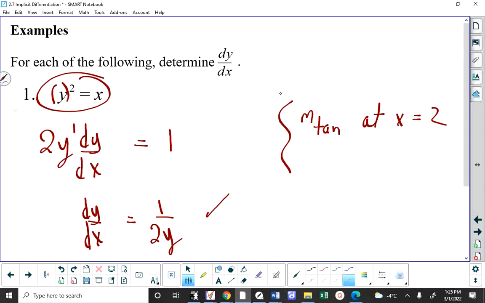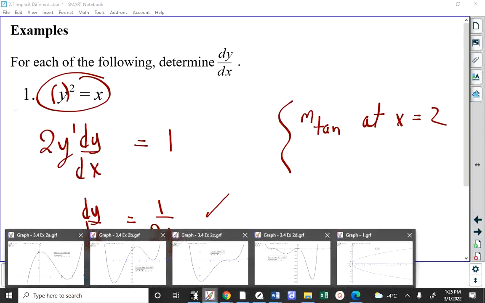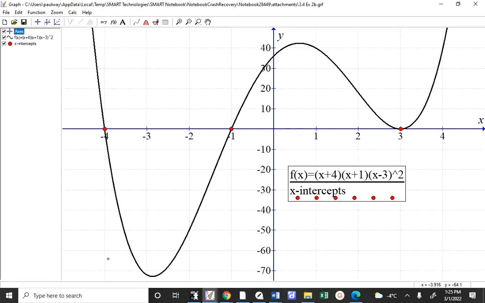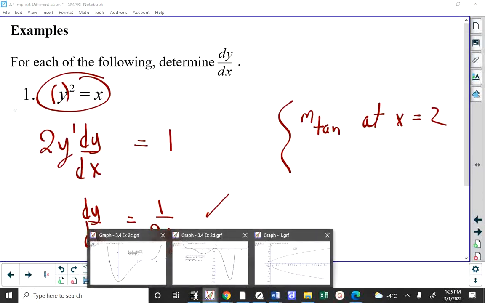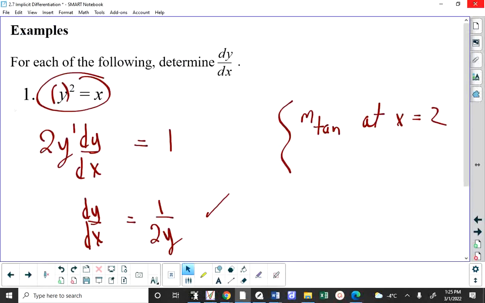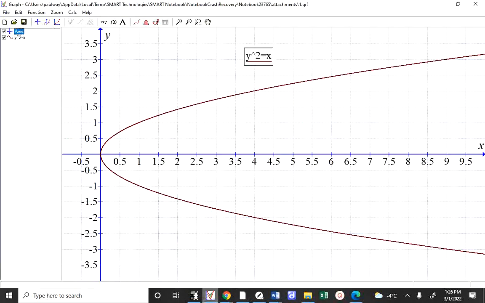Because when you look on that graph at x equals 2, what are we talking about? Mr. Wade, do you want me to find the slope of the tangent here, or do you want me to find it there? And the fact of the matter is, an x coordinate doesn't tell me where the point is on this. But if I gave you a y coordinate, you know exactly what point I'm talking about.